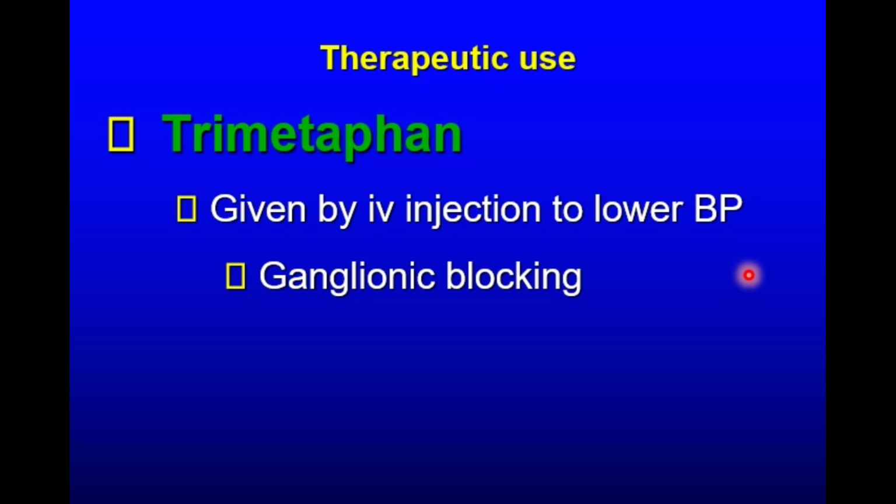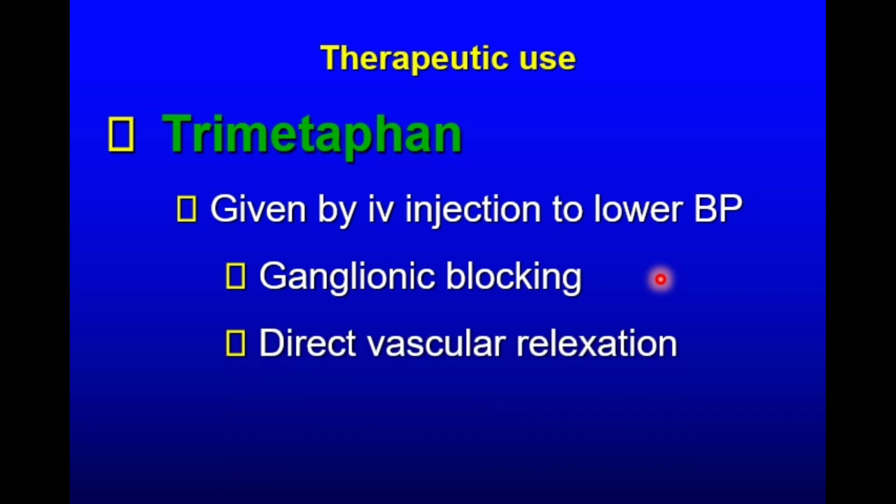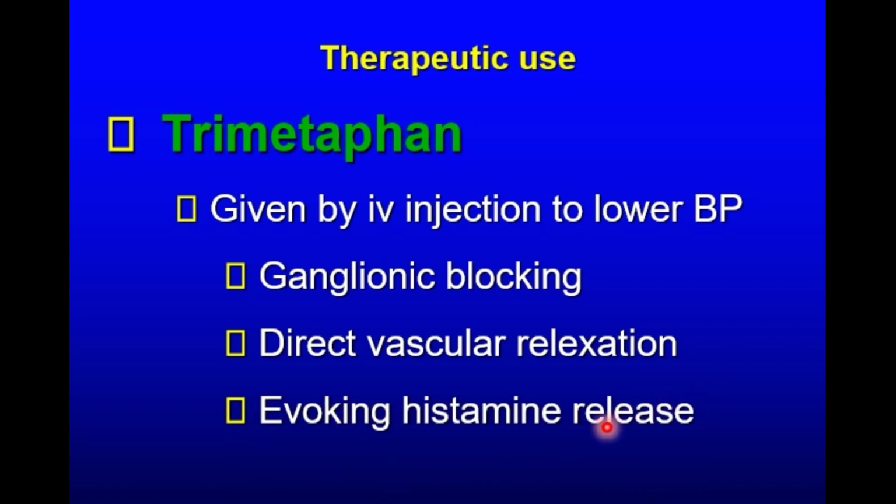It can be controlled by tilting the bed head. In addition to ganglionic blockade, trimetaphan can lower blood pressure by directly relaxing vascular smooth muscle and by evoking histamine release.